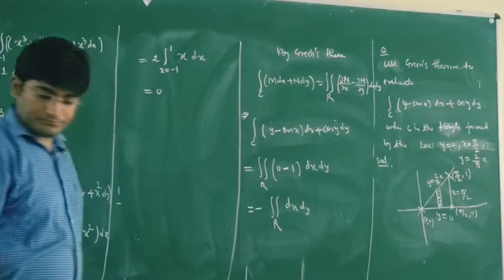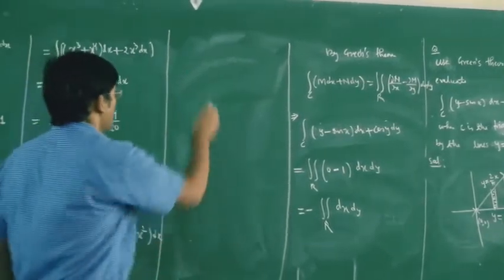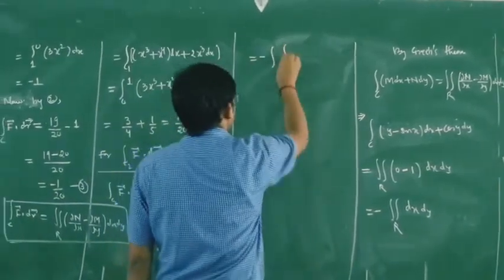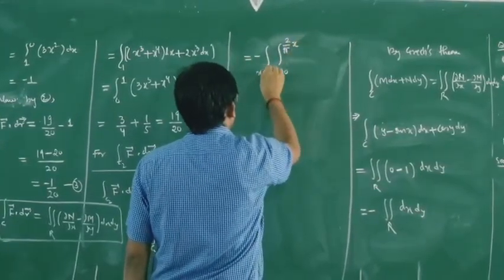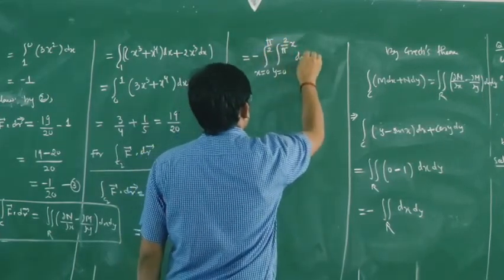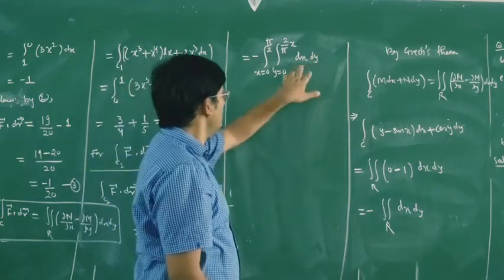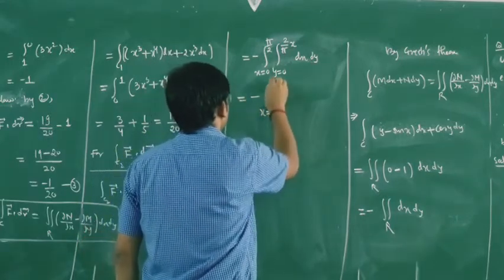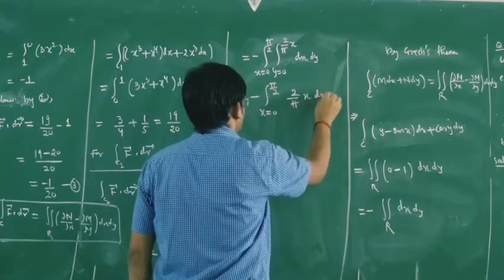So this is equal to the double integral where y is from 0 to 2 pi x, and x is from 0 to pi by 2, of dx dy. The integration with respect to y will give you 2 pi x, so this is equal to the integral of 2 pi x dx.